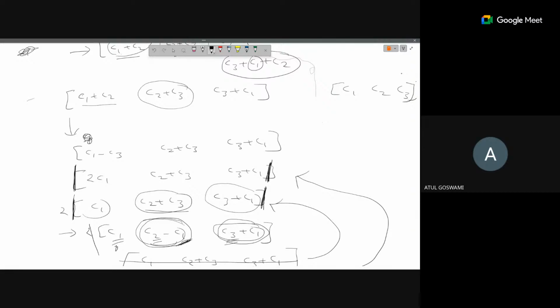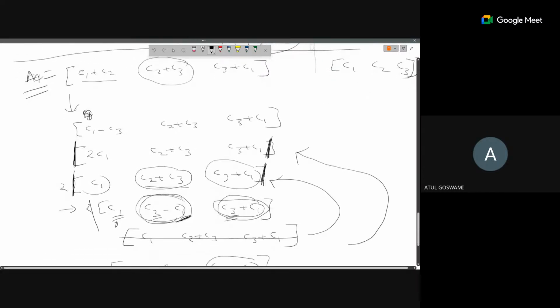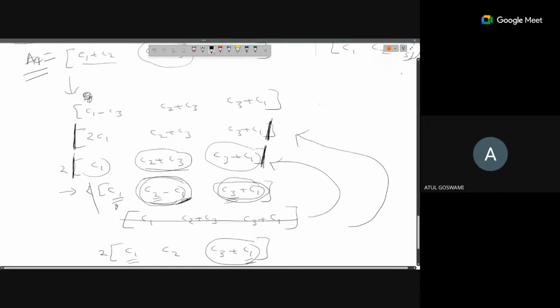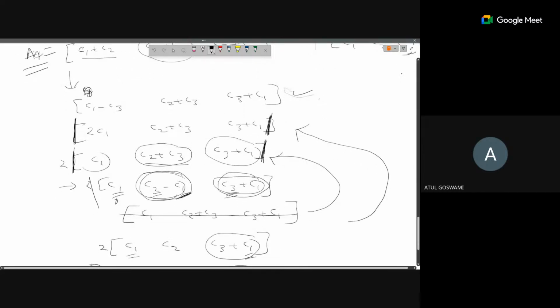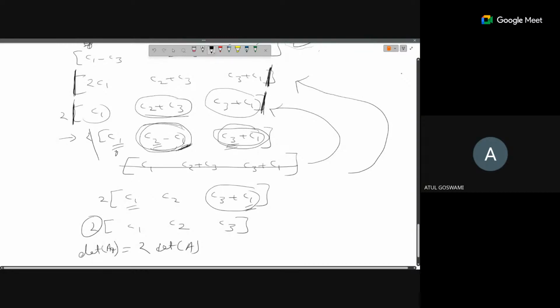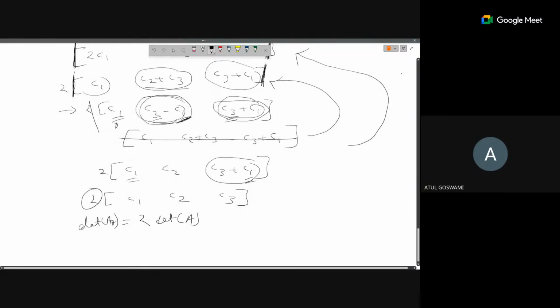This is the actual term; this is A4. From here I started. Now I have subtracted these two, and then I got this step. Then this is 2C1, so taking 2 outside, we get this. Then we added these first two so I can get C2, and then subtracted the first column from the last one, so we get C3.